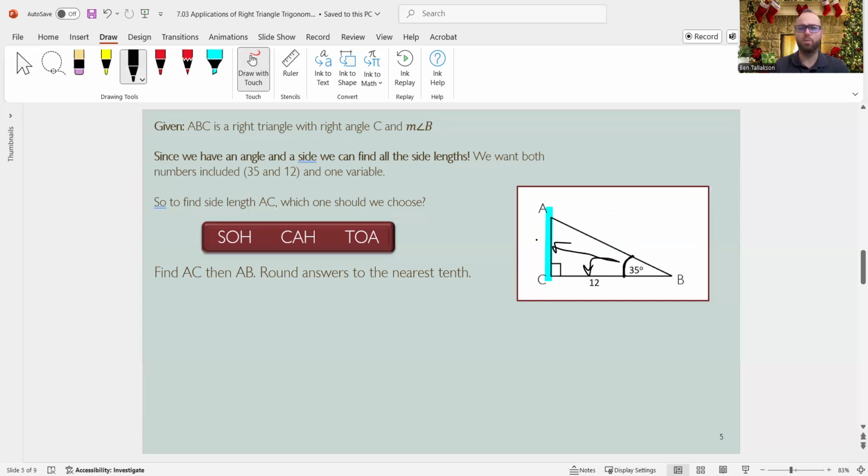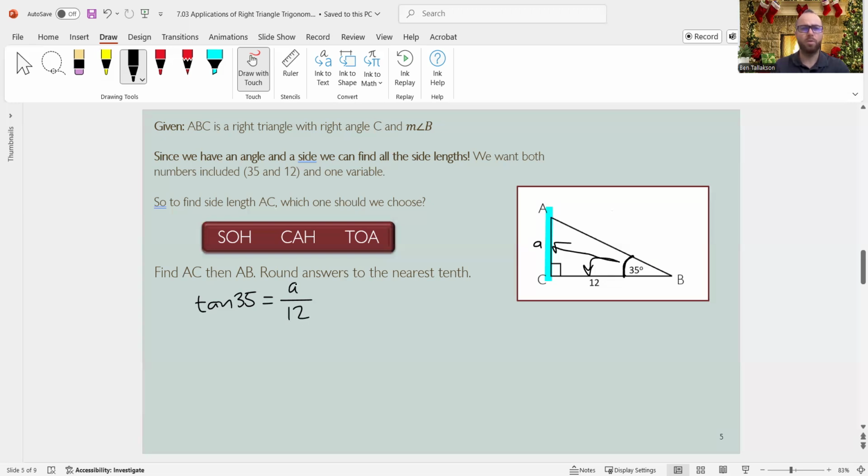That's going to give us the one unknown here. Okay, I'm just going to call that lowercase a. We have the one unknown, and we know the 35 degrees, we know the 12. So if I do tangent of 35, I get a over 12.